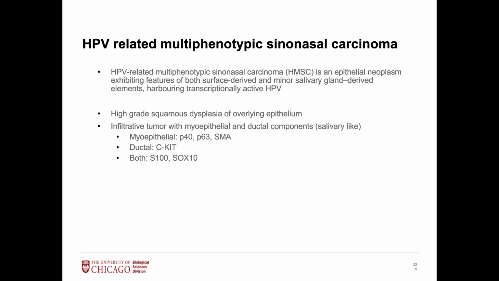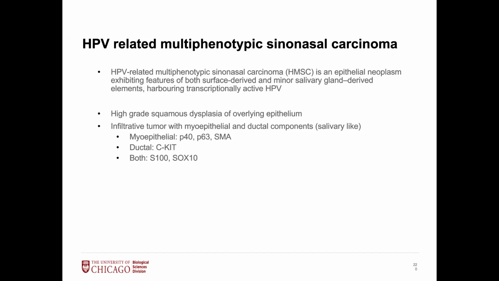I think from experience, we started seeing these more. I don't know if they were underdiagnosed or misdiagnosed before, because they look like solid, very bland neoplasms. They have squamous differentiation, and they have myoepithelial and ductal components.